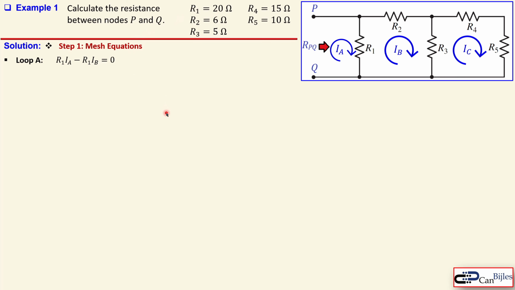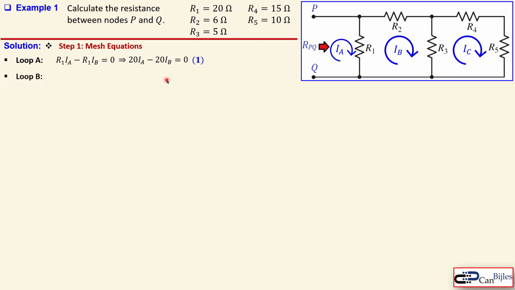We have the value for R1, so we can just substitute this, and we have our first equation. And remember, don't reduce that to IA minus IB equal to 0, because we need to keep it as it is and then set up the matrix equation later.